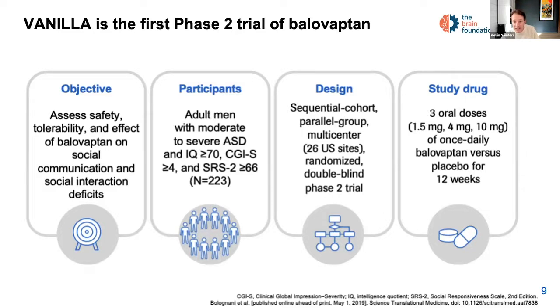The design was US-based, 26 US sites, randomized double-blind phase 2 trial. We had 3 doses: 1.5, 4 milligram, 10 milligram dose and placebo once a day for 12 weeks.